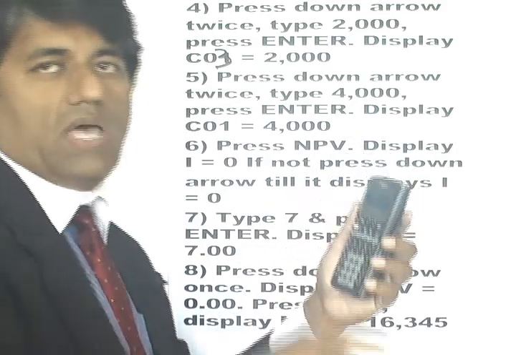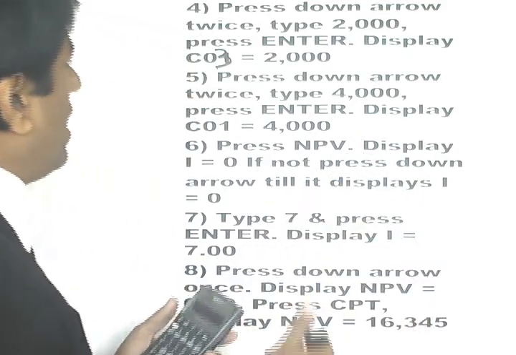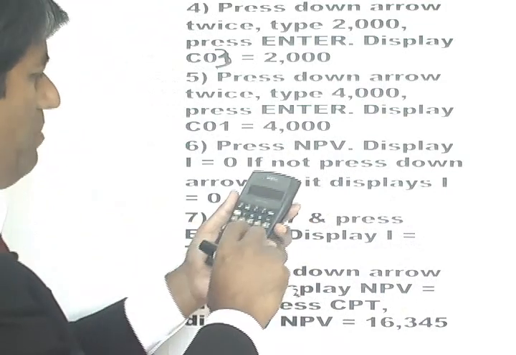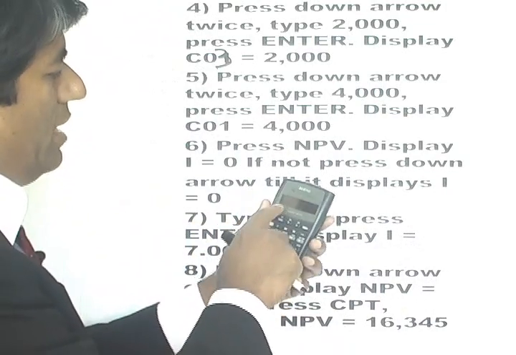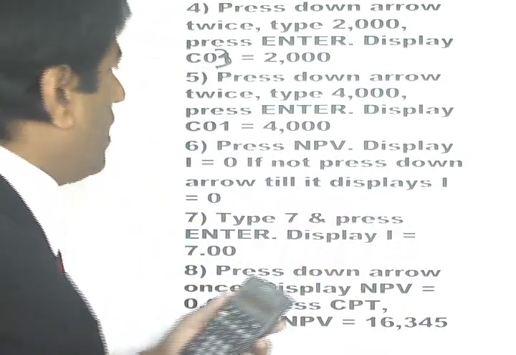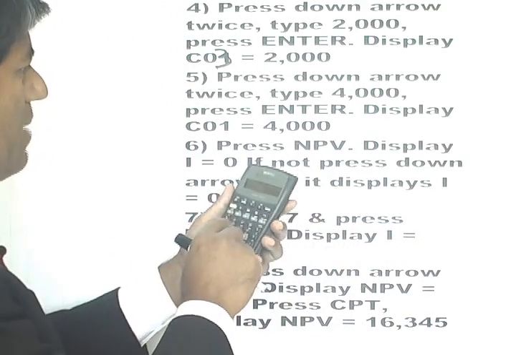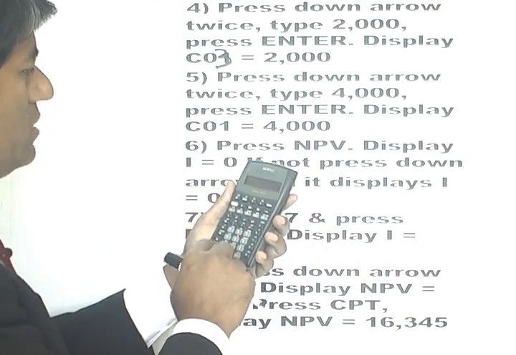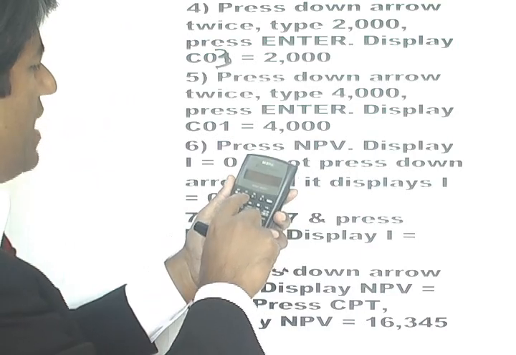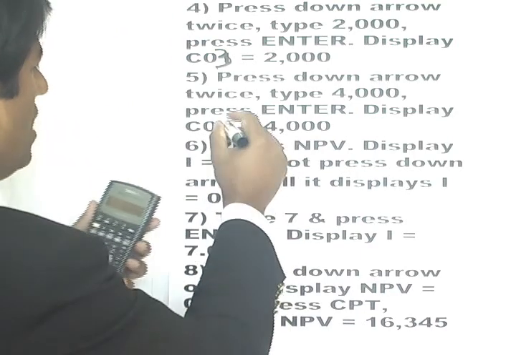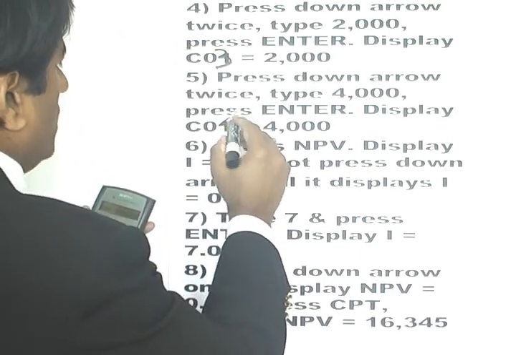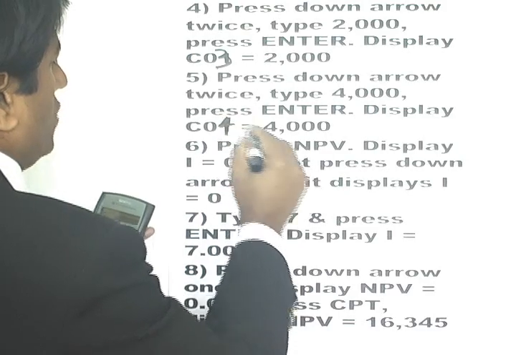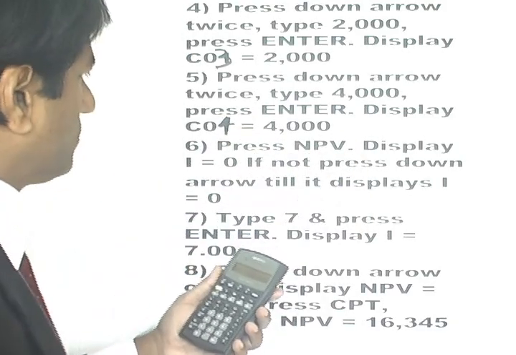It'll say C03 equal to 2000. Then again press the down arrow twice. It'll show you C04. Type in 4000 and then press the enter button, and it should show C04 equal to 4000.